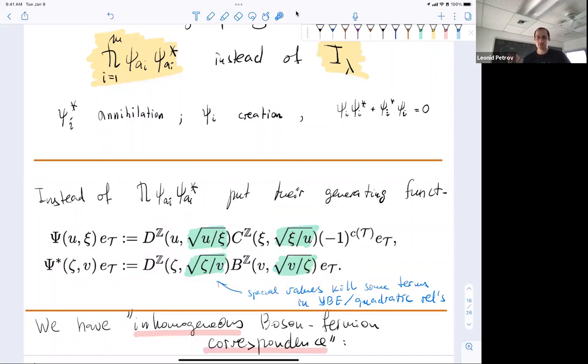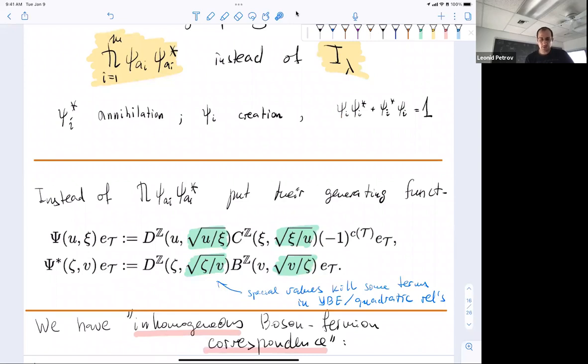So the quadratic bilinear relations now become quasi-commutation relations. So basically, you can take psi and psi star, and they are going to anti-commute. So psi and psi star would satisfy the same canonical anti-commutation relations, basically. Sorry, this is not 0. I got this wrong. It's 1. Where you have I, the same is going to be 1. So if you look at these generating functions, then this one is sort of a delta function in the complex generating function variables.